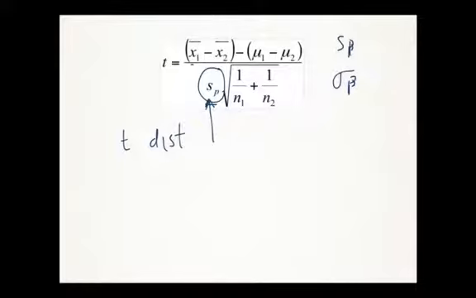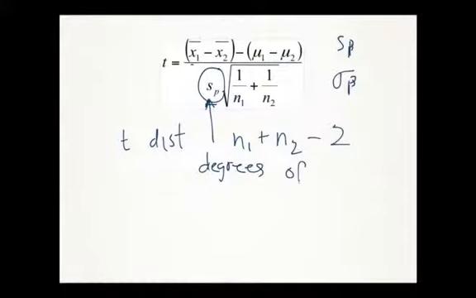Okay. And so this test statistic has a t-distribution with n1, which is the number in the first group, plus n2, which is the number of patients in the second group, minus 2. Okay, so that's the degrees of freedom.